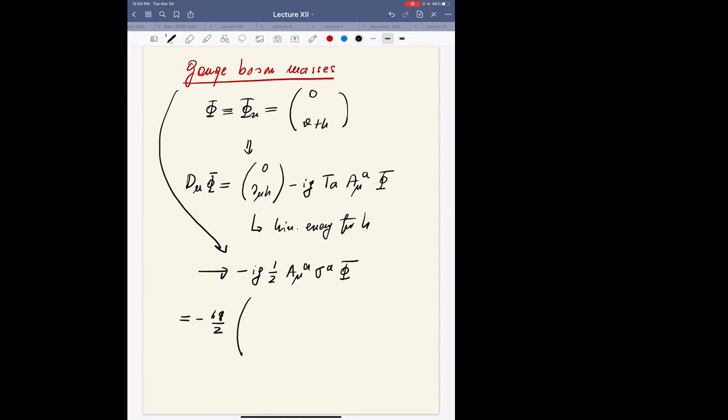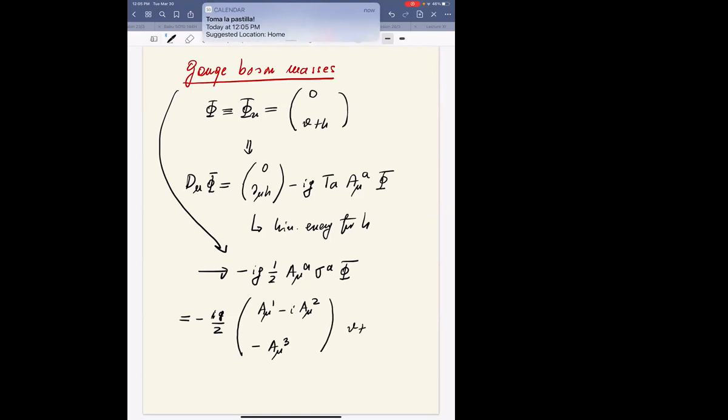And that will look like A mu 1 minus i A mu 2. Agree? From sigma 1 and sigma 2, are you checking on me, please? Sigma 3 has a diagonal form, so there will be a minus sign, A mu 3 times V plus H. Correct?